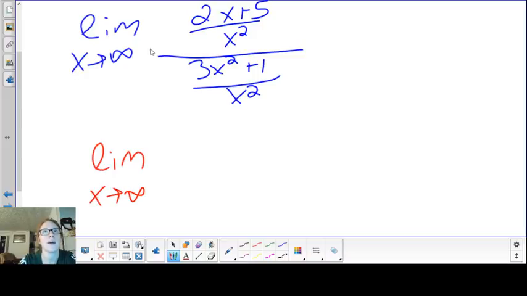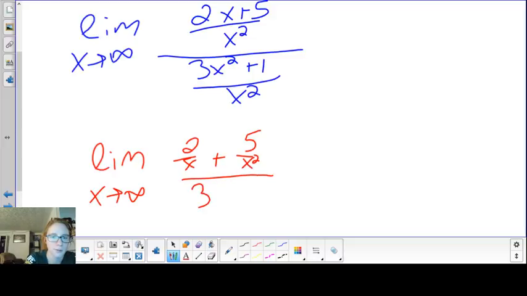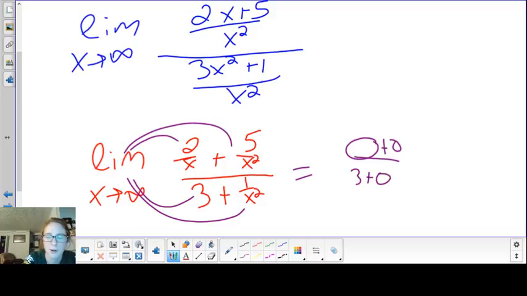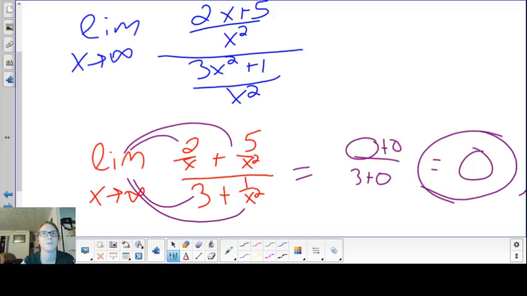Not all my x's are going to cancel on the top here. I'm going to be left with 2 over x plus 5 over x squared, over 3 plus 1 over x squared. When I take the limit of each, on top I'm going to end up getting 0 plus 0 over 3 plus 0, and 0 divided by anything is just going to give me a nice, lovely little donut hole.